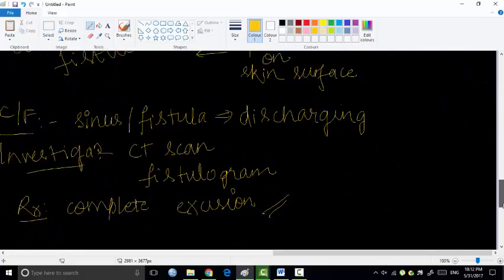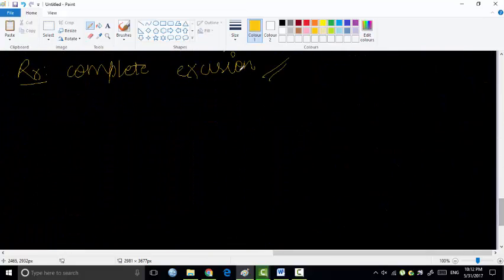So now here we have dealt with many diseases of the nose like choanal atresia, right? And then we have dealt with bifid nose, then meningoencephalocele, glioma, dermoid cyst and congenital cyst and fistula.